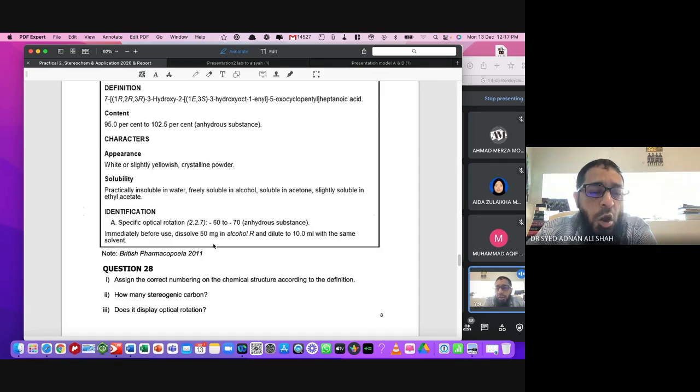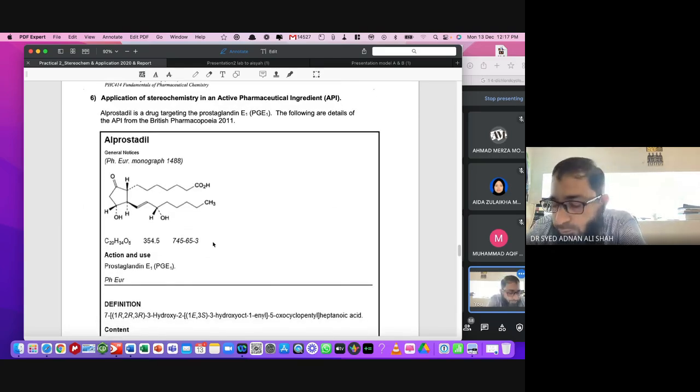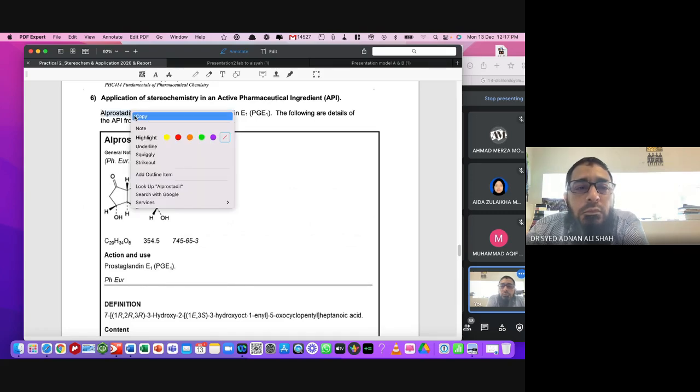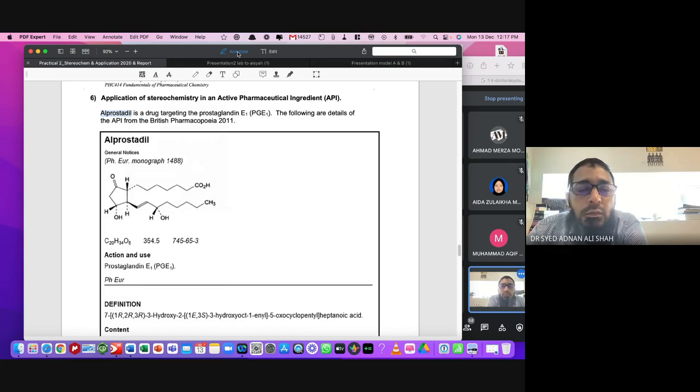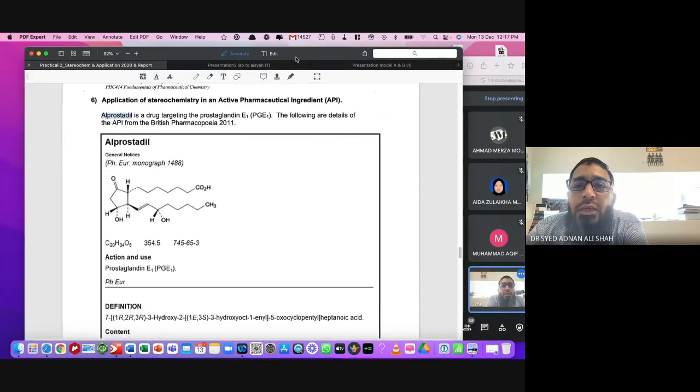Does it show optical rotation? Yes or no? Does it show optical activity?